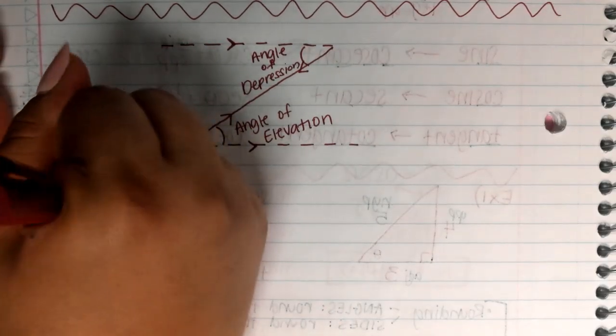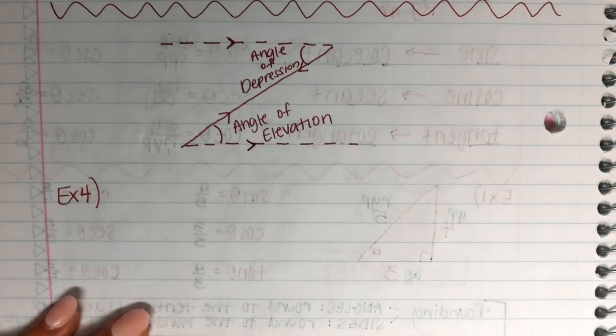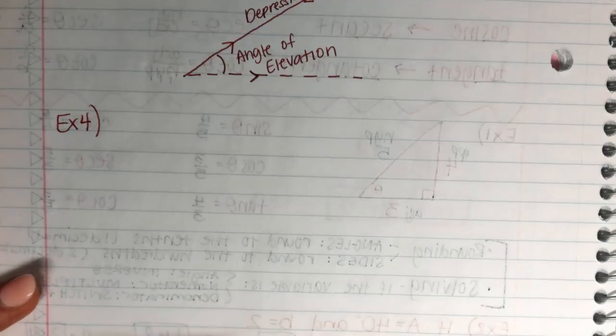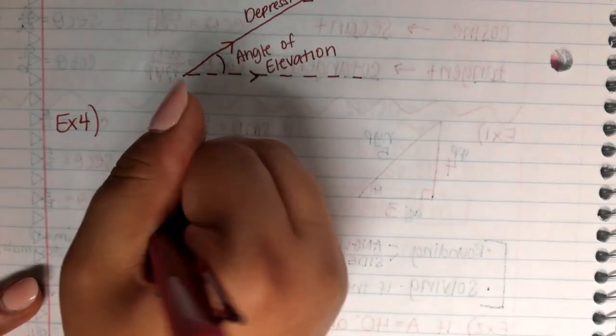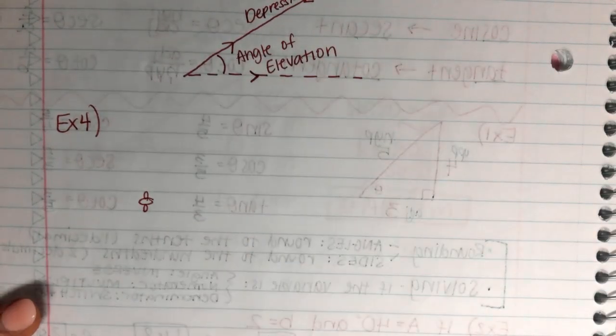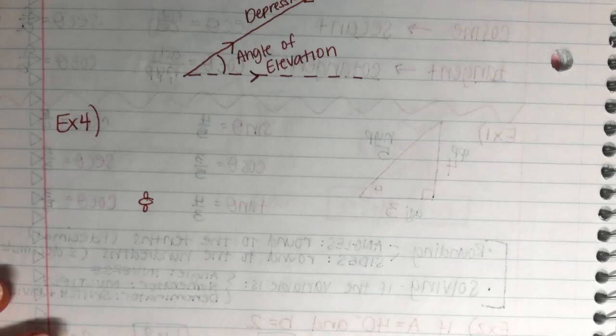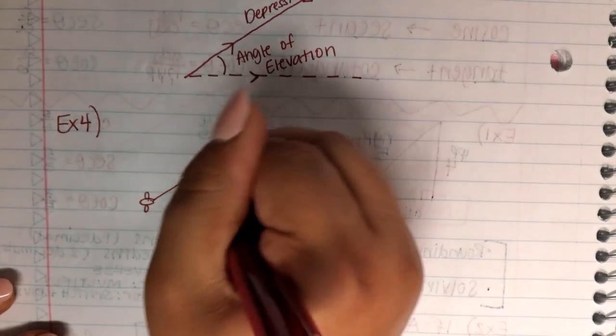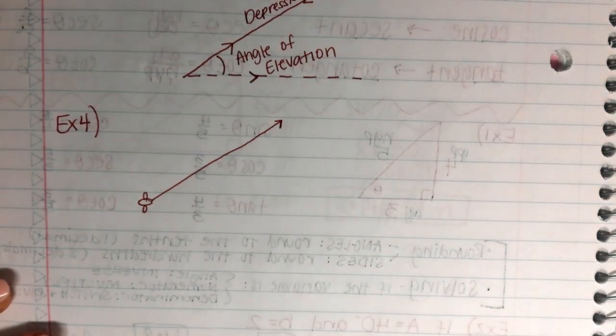Last example today. You have a plane. There's my plane, and it takes off from the airport at an angle of elevation of 20 degrees. Where am I going to put the 20 degrees? Above it or below it? Why below?